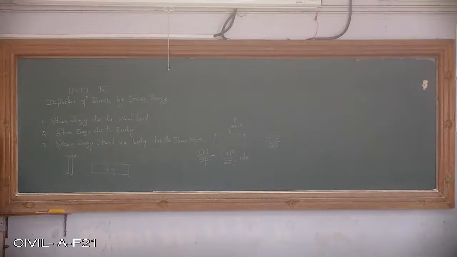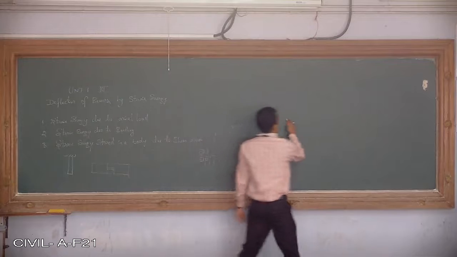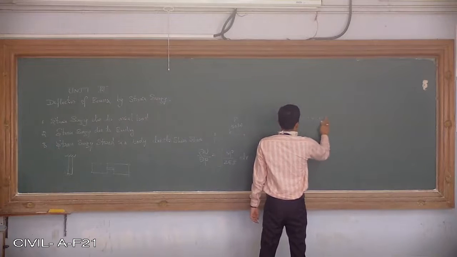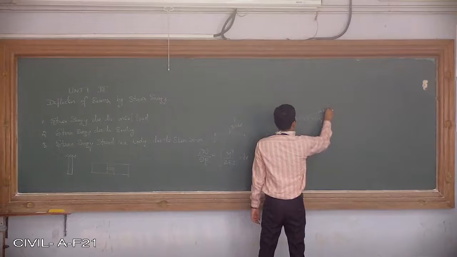We have done this with cantilever and with simply supported beams, replacing P and taking the derivative dou M by dou P. Next we did the UDL case, where we took Q as the imaginary load. This was a simply supported beam with a UDL, with some load of 10 kilonewton.